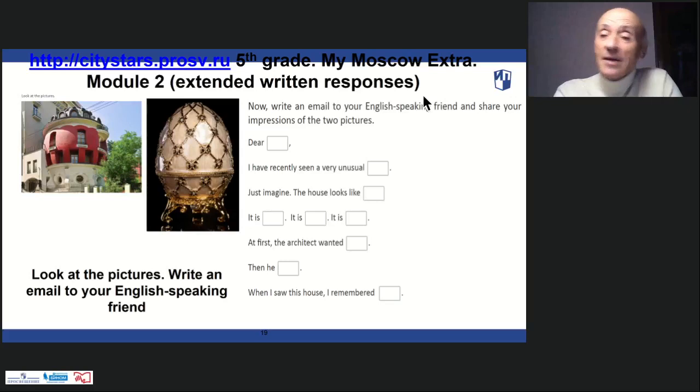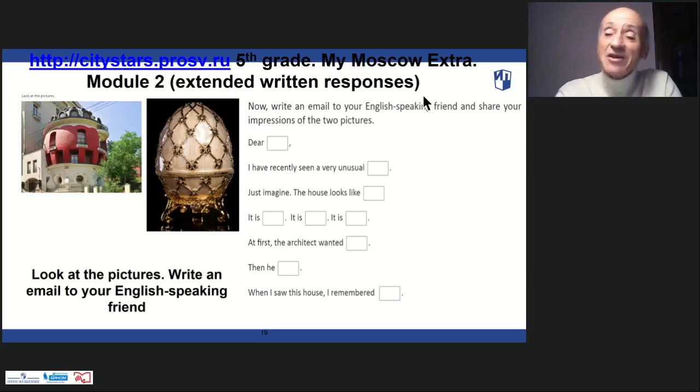And the children compare the shape of this house. They describe this house, compare it with one of the Fabergé eggs, pieces of jewelry kept in the Moscow Kremlin armory, Оружейная палата.